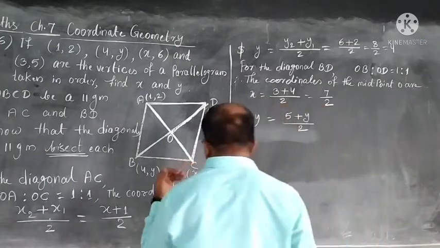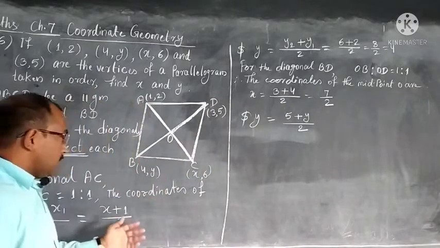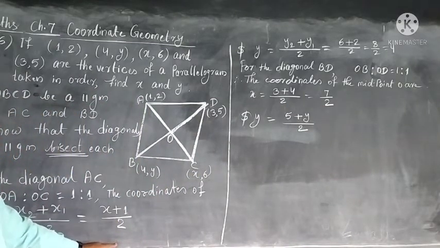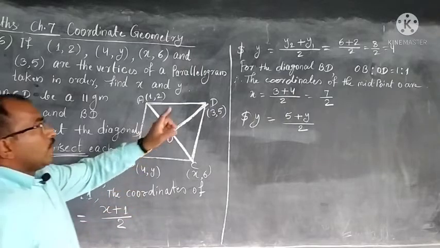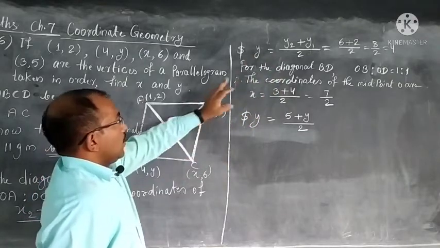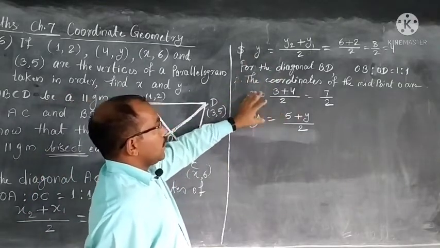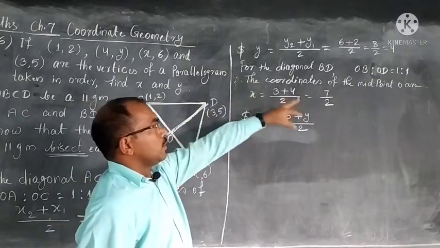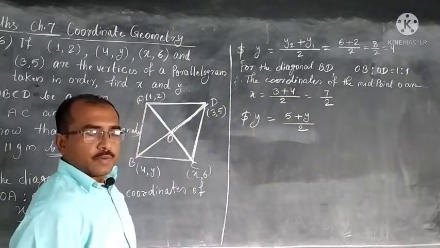Now, let us see. When we worked for AC, we got x equal to (x plus 1) by 2, and y equal to 4. For the diagonal BD we worked out the same midpoint O and got x equal to 7 by 2, y equal to (5 plus y) by 2.